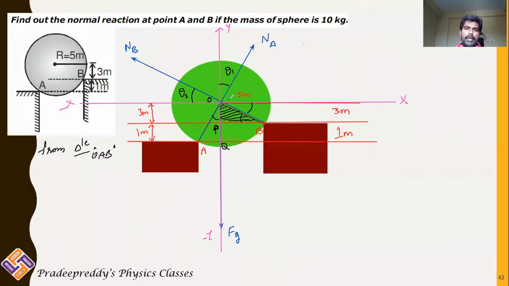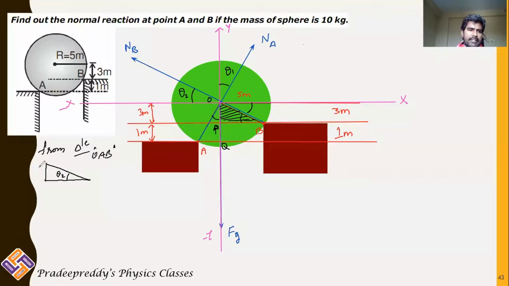This is triangle OAB. From triangle OAB, you can clearly understand this length is 3 meter. So the vertical length OA is equal to 3 meter and the hypotenuse is the radius, that is 5 meter. So I can simply write this triangle. This is theta 2.